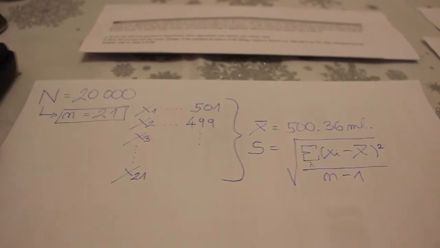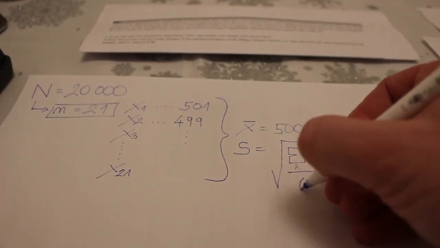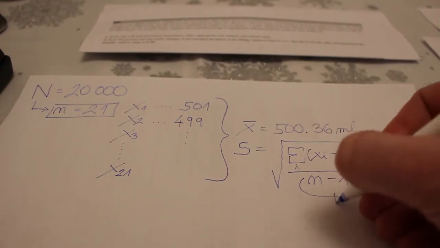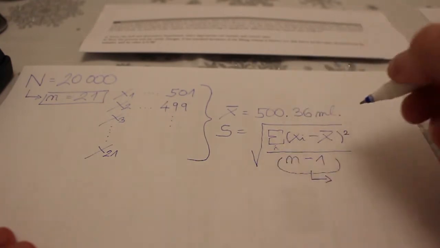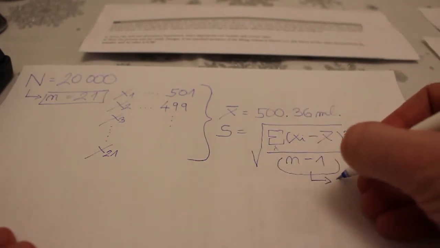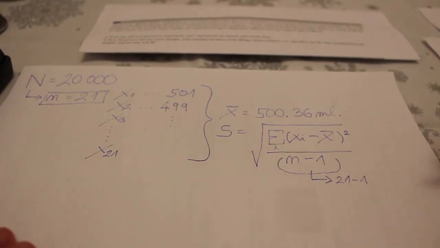It's very important that this is the calculated sample standard deviation with n minus 1 in the denominator. So whoever calculated the standard deviation used 21 minus 1 in the denominator.